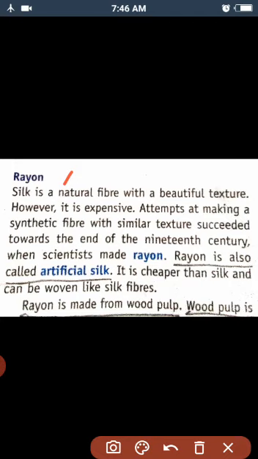Attempts at making a synthetic fiber with a similar structure succeeded towards the end of the 19th century, when scientists made rayon. Rayon is also called artificial silk, and it is cheaper than silk. So many people use rayon cloth and many useful things.